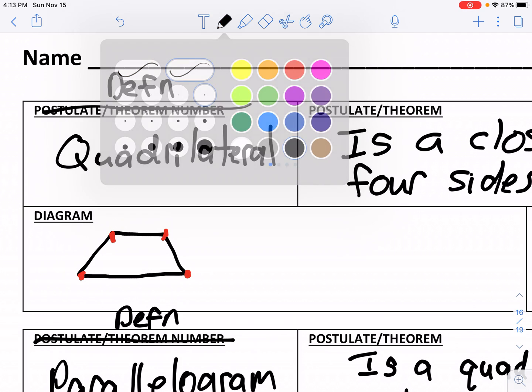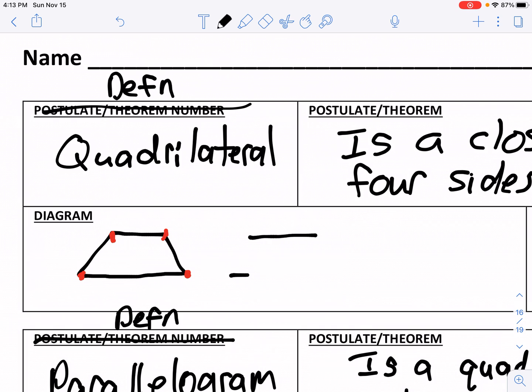It could be something like this one, with 4 sides and 4 vertices, or something a little more abstract, like this one, which also has 4 sides and 4 vertices: 1, 2, 3, 4.